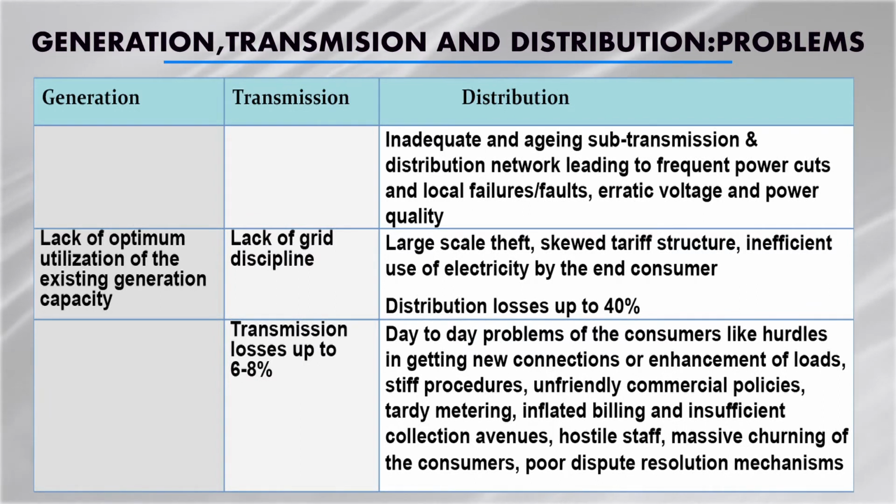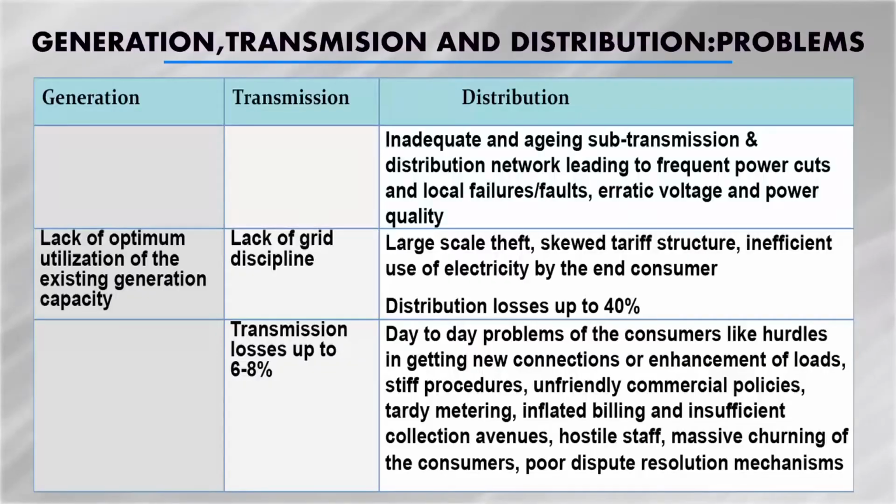Then problem with the availability of the source of energy. Like the location is good, everything is there and the plant is there, but suppose the coal for the thermal plant is not available. Then lack of grid discipline or poor grid management, because the grid is the interconnection of the network.